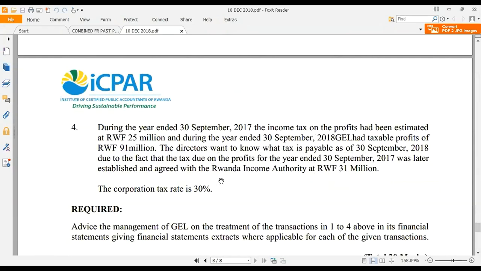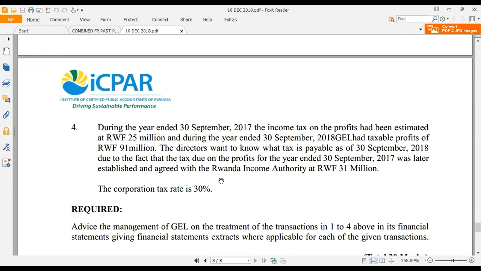Now remember, the fourth part is where we are. The year begins 1st October 2017 and the year ends 30th September 2018. So let's read. During the year ended 30th September 2017, the income tax on the profit had been estimated at 25 million. And during the year ended 30th September 2018, GEL had taxable profits of 91 million.